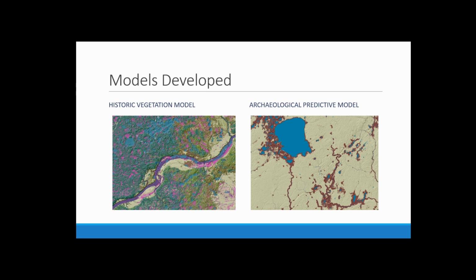We had to get it all into something that was consistent, that we could use. The historic vegetation model was an attempt to model historic vegetation at a higher resolution than what we had available. And I'm pointing it out here simply because we have this script that will do this classification model. And if you have some kind of data that you want to classify, we'll have something you can use, but I'm not going to focus on that today.